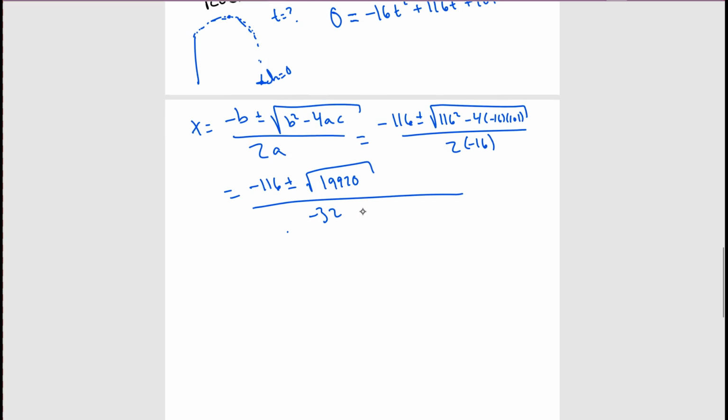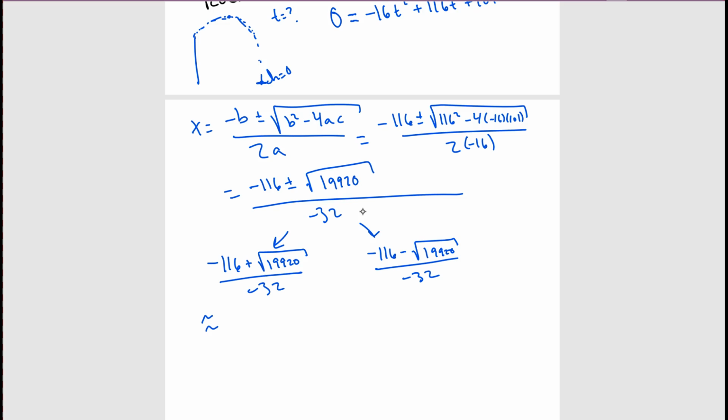Now I'm going to have two answers: negative 116 plus the square root of 19920 divided by negative 32, and over here, negative 116 minus the square root of 19920 divided by negative 32.